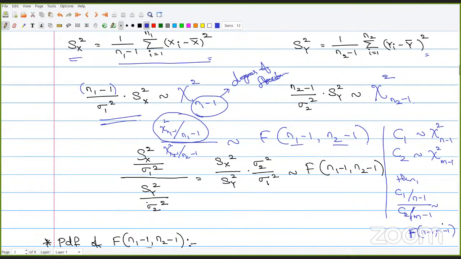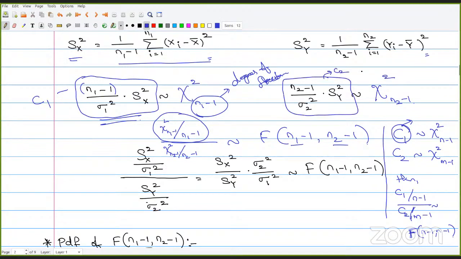Okay, so let's compare. C1 is actually this whole thing here, and this is C2. Now I'm just removing this.